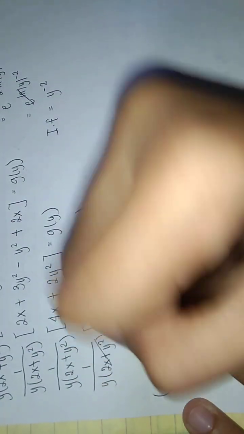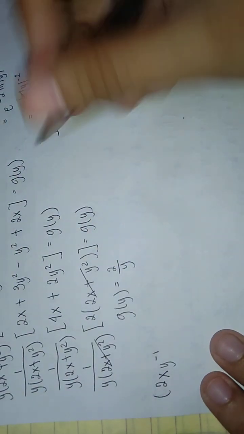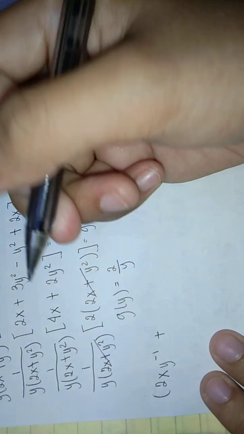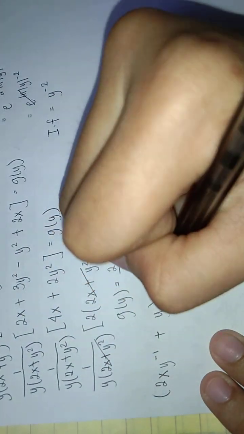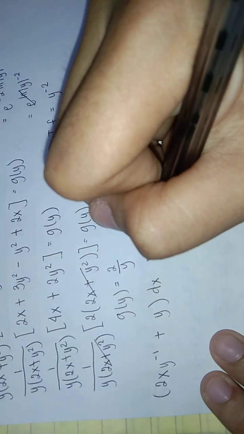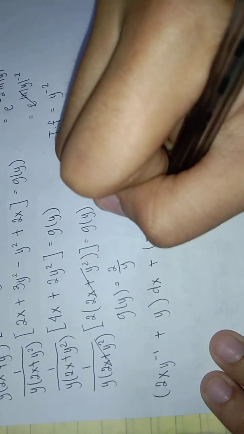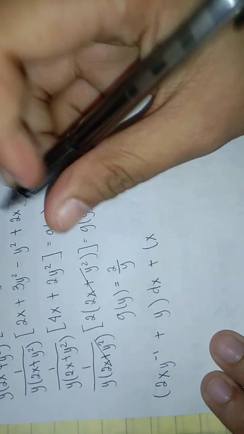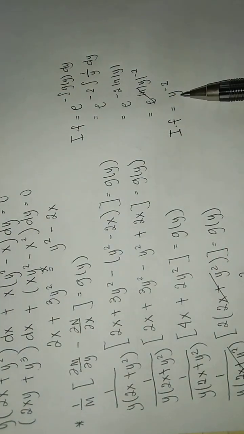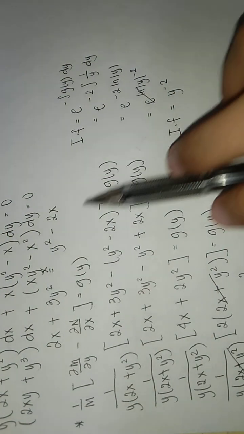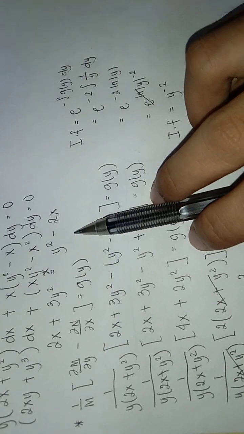Then we'll have 2x y raised to negative 1 plus y dx plus x. y squared times y raised to negative 2 is y raised to 0 or simply 1.